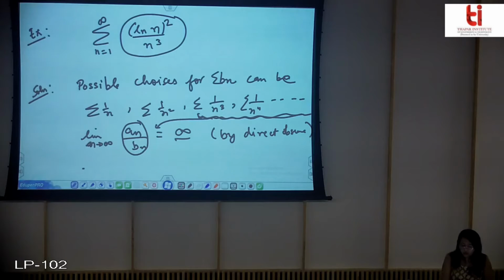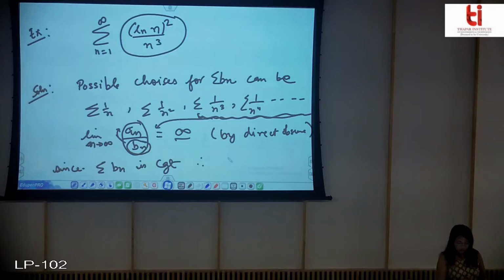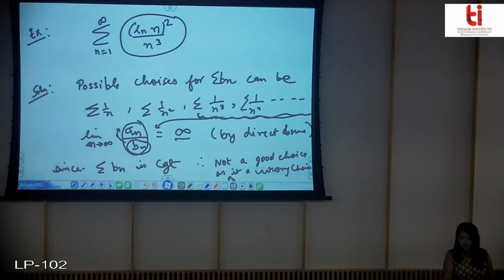Now if you see the limit comparison test, this is not a suitable choice of Bn, because summation of Bn is convergent, therefore it is a wrong choice of Bn.